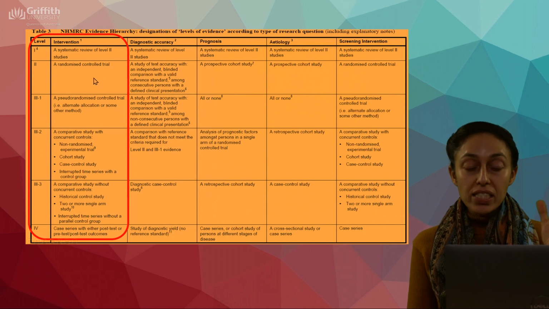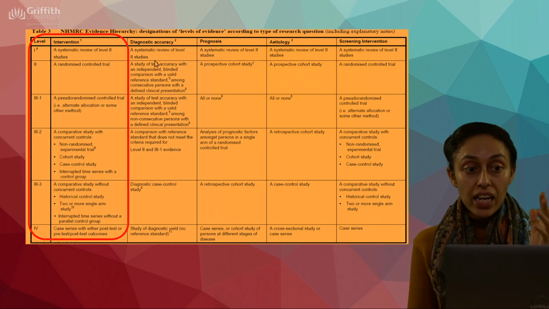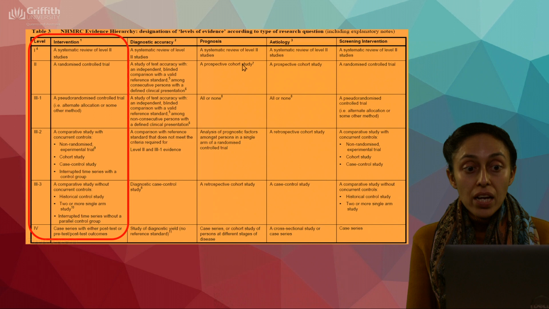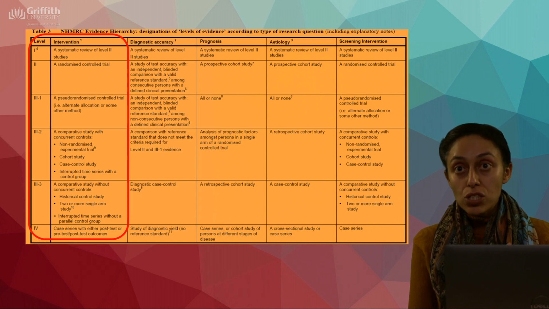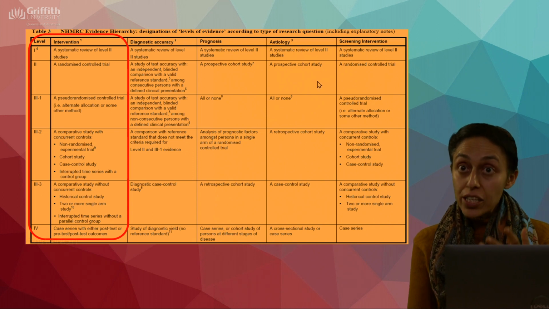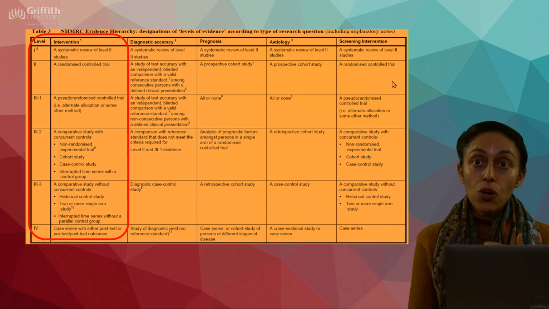So first one is intervention studies. Second one is your diagnostic accuracy, like your HbA1c, for example. Then you have your prognosis. Prognosis is like vitamin D deficiency: what is the likelihood of somebody developing CVD. Then you have etiology, like smoking and cancer. Then you have screening interventions like your RAT test.